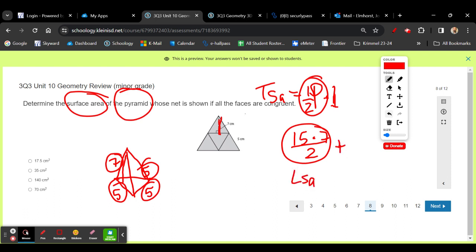Now we need to add the base area, and the base area is a triangle. So the triangle is 1/2 5 times 7.